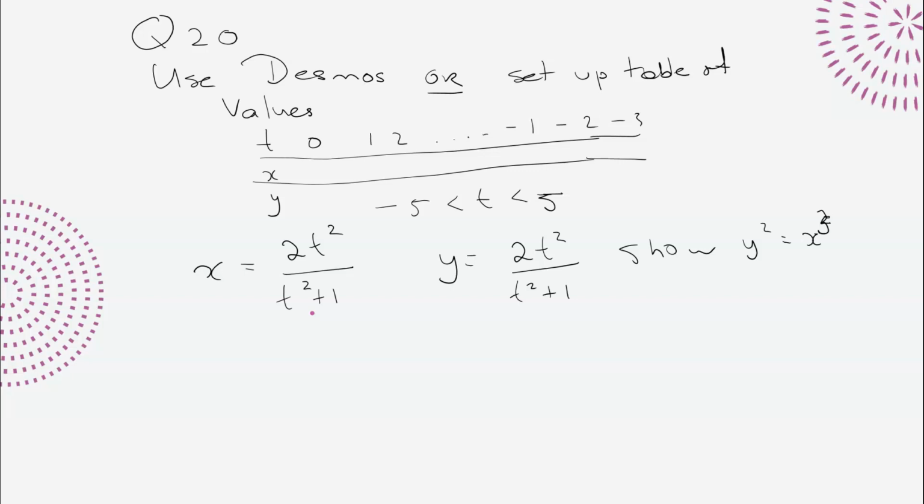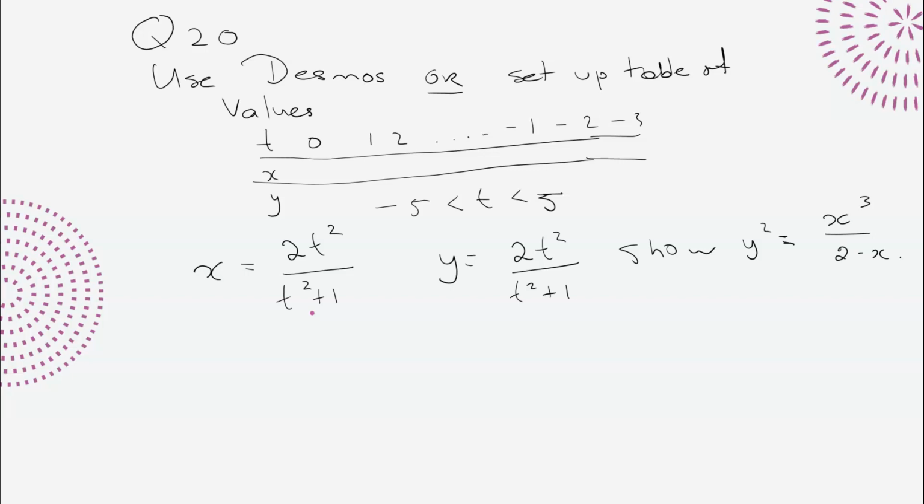Show that it equals x cubed over 2 minus x. Something like that. I haven't got the question. Yes, I have. So show that y squared equals x cubed over 2 minus x.